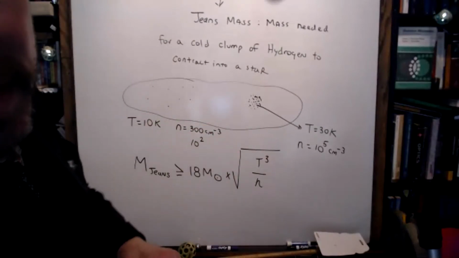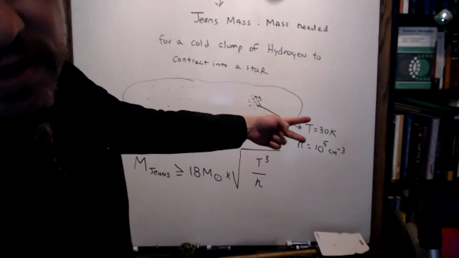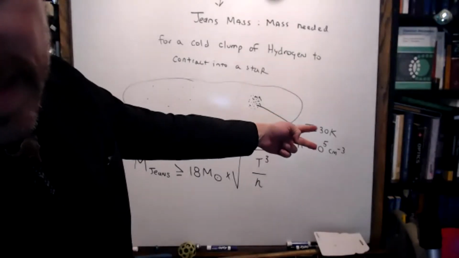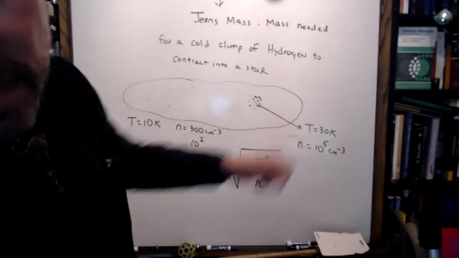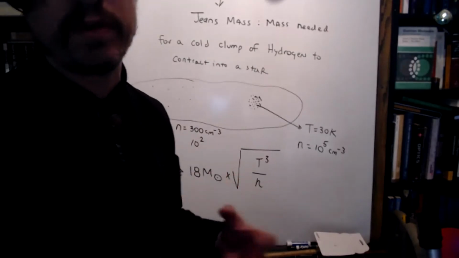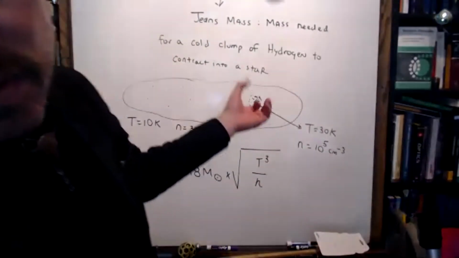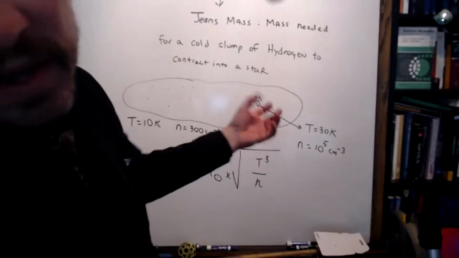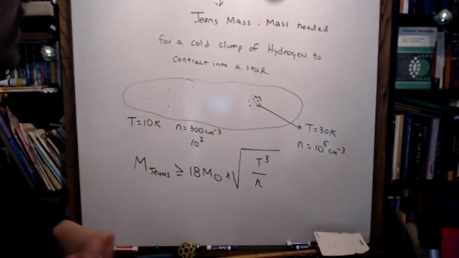It's a very simple formula. You guys have used it before. Let's say we pick the 2 numbers that were representative in that diagram: 30 Kelvin and 10 to the 5 particles per cubic centimeter. We want to ask, what type of star would this form if the cloud had those conditions?